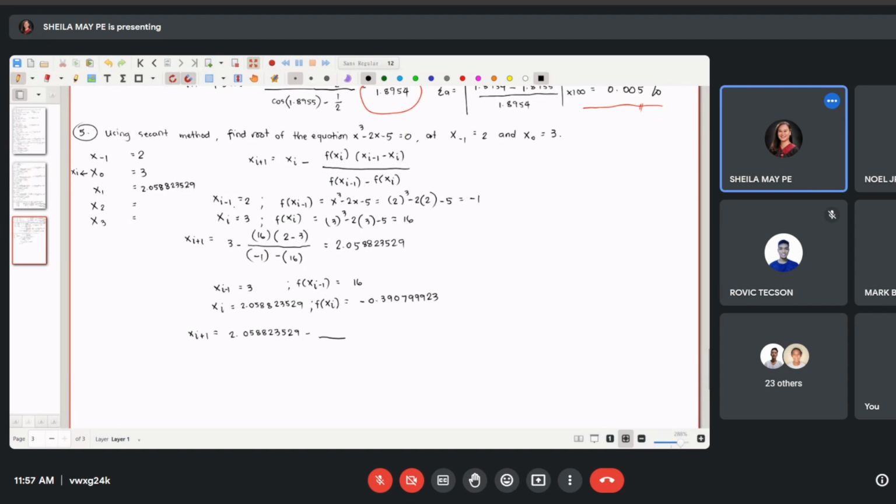So we have here x sub i, 2.058823529. Function of our x sub i. x sub i minus 1, that's 3, minus x sub i.